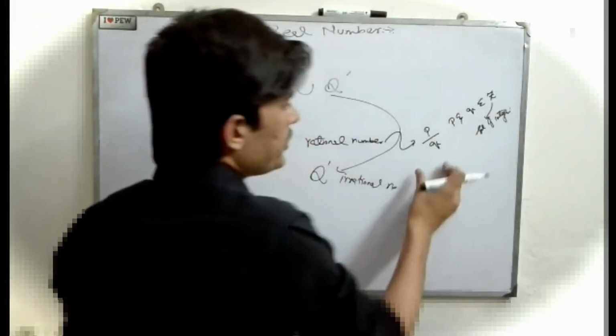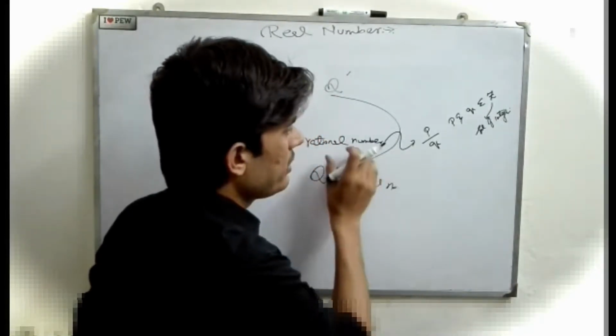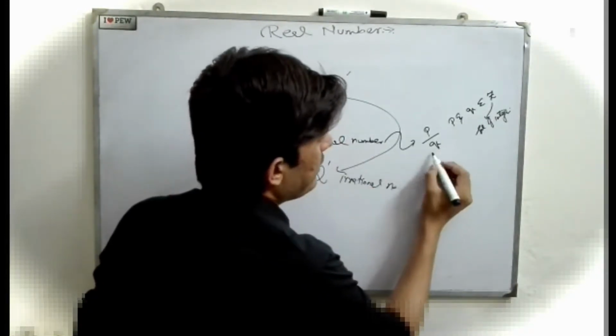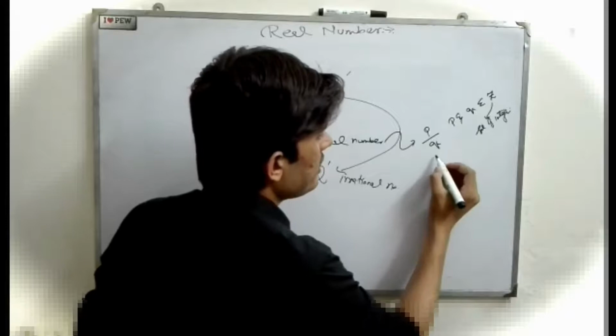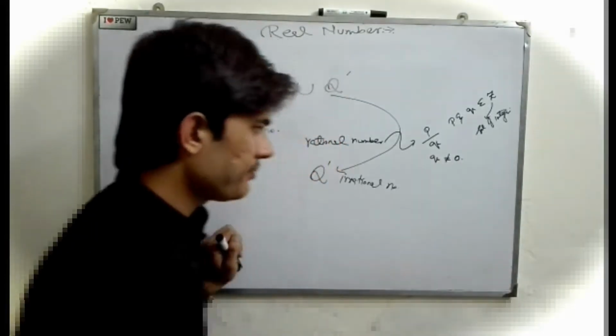All those numbers which are in the form of P by Q are rational numbers. And one necessary condition is that Q must not be equal to 0.